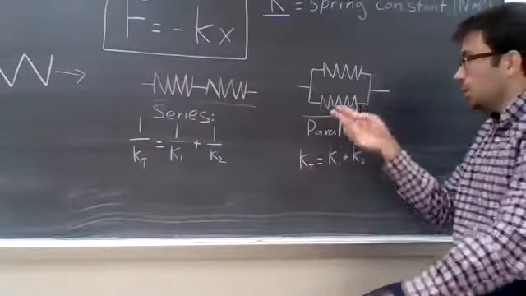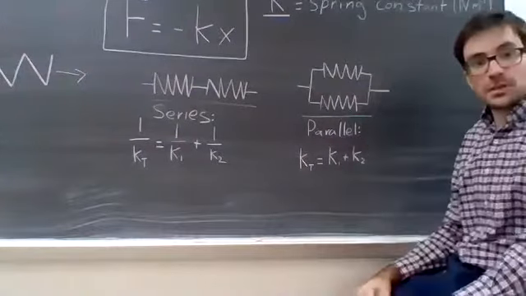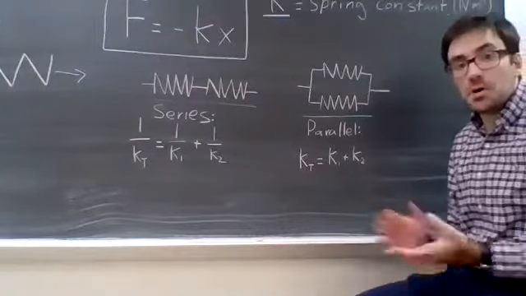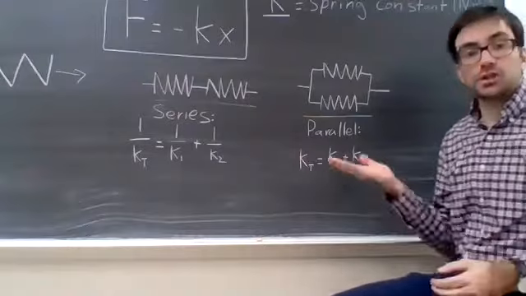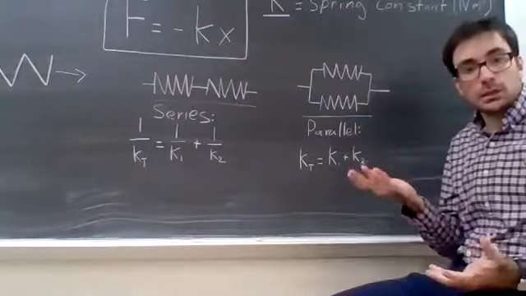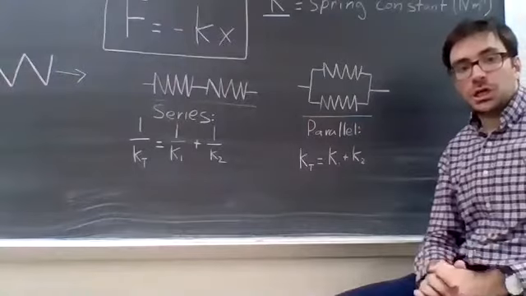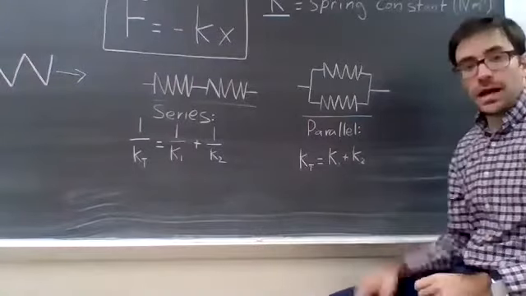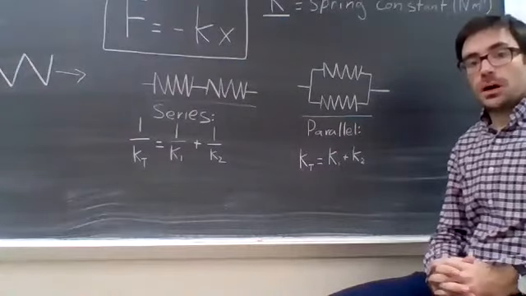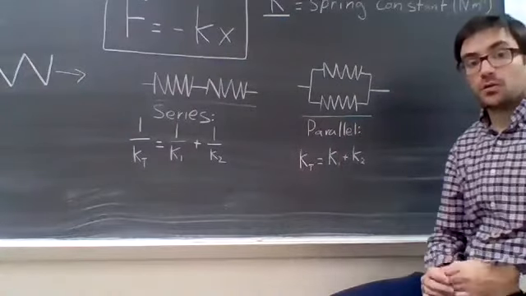So if you have to pull the entire ensemble 10 centimeters, you have to pull each of them 10 centimeters, so the forces add up. So it's a much simpler picture and something that will probably be a little more intuitive than the series picture. So consider that when we're doing our lab, because we'll be working with both series and parallel sets of springs.